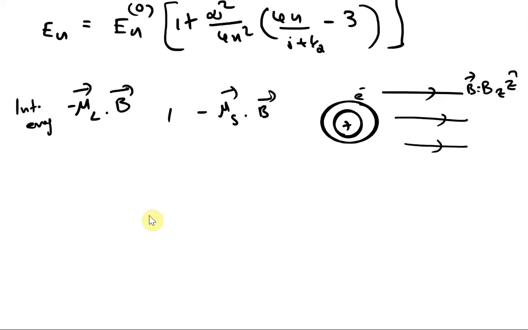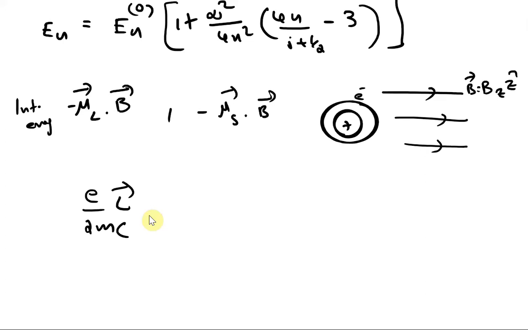So you know what this mu_L is, and what this mu_s is. That relationship you may already know. This is nothing but e by 2m into the angular momentum in SI units. In our Gaussian units, it will be e by 2mc.